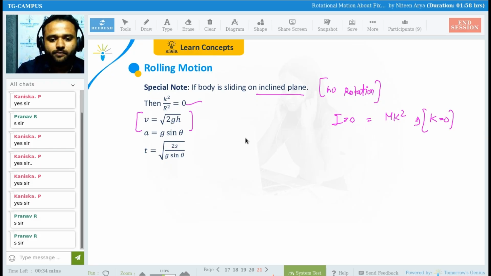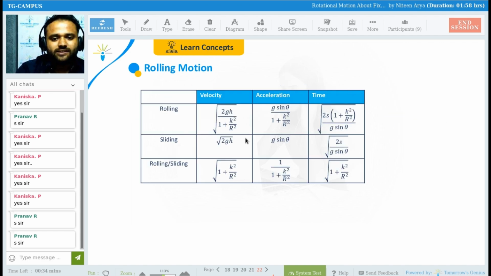So this is important, and this is when a particular body is not rotating at all, which is what we did in the last 2 slides. This is an important table. That is nothing new, but a table to recollect all the data. For rolling, the velocity is going to be this, acceleration is going to be this, and time is going to be this. If your body is going to only slide, the velocity is going to be this, acceleration this, and time this.